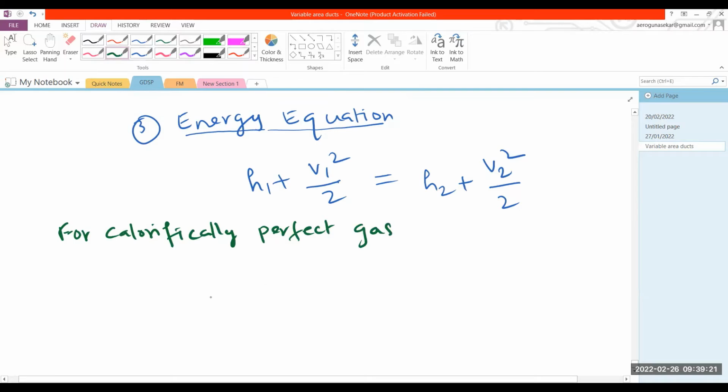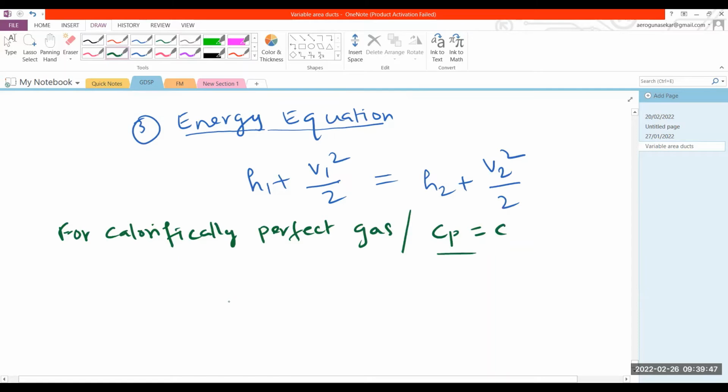It is nothing but your gas constant, that means the characteristics, especially the Cp value, will remain constant.